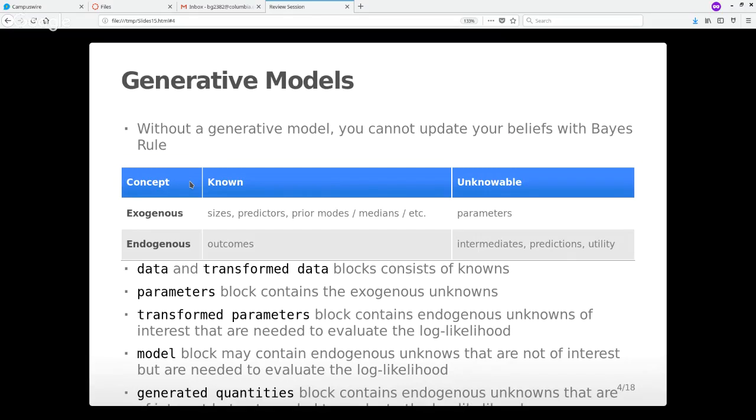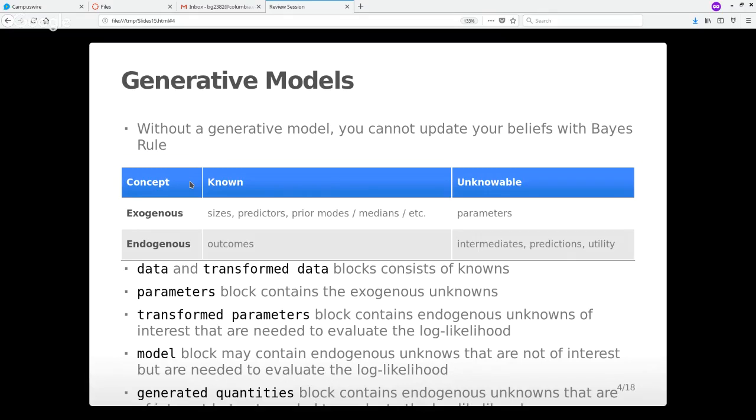And then the parameters, whether we're talking about pure parameters or missing data or true data that has been mismeasured somehow, would contain the exogenous unknowables that we want the posterior distribution of.